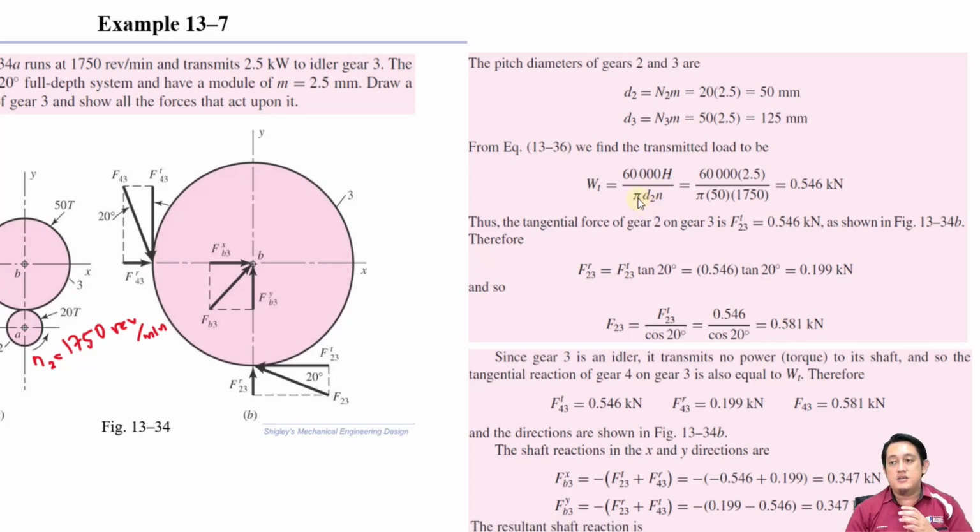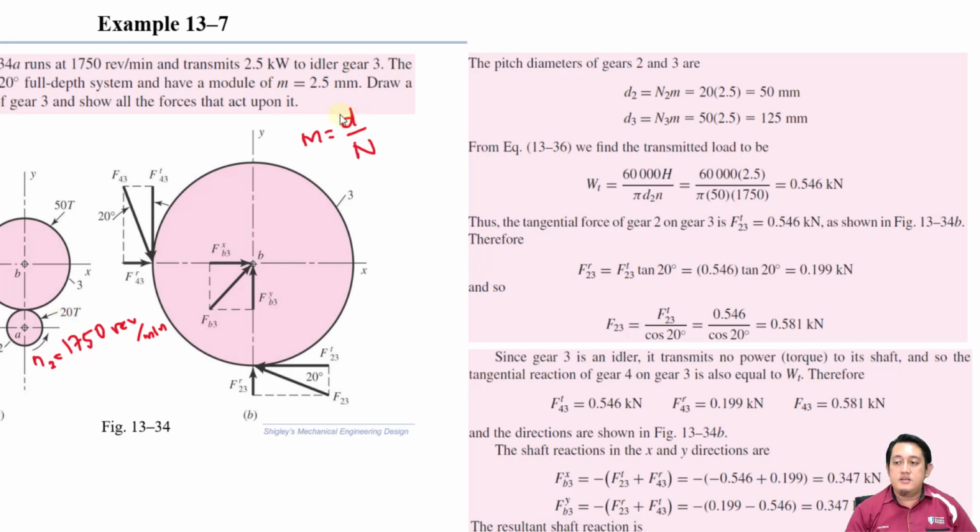As mentioned in the question, the module is 2.5 millimeter. The module is equal to the pitch diameter over the number of teeth. So we have 2.5 equals D over the number of teeth. The number of teeth here is 20, where T represents teeth.